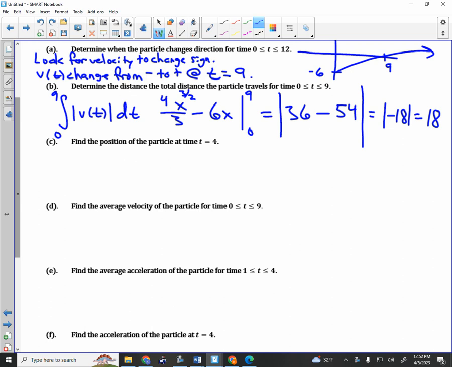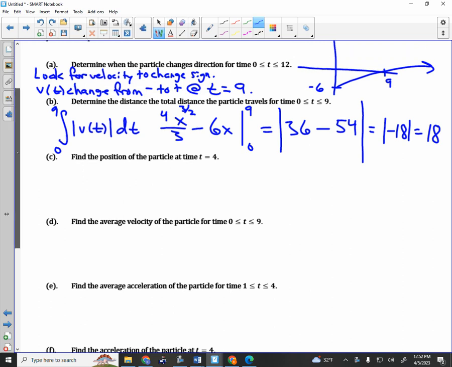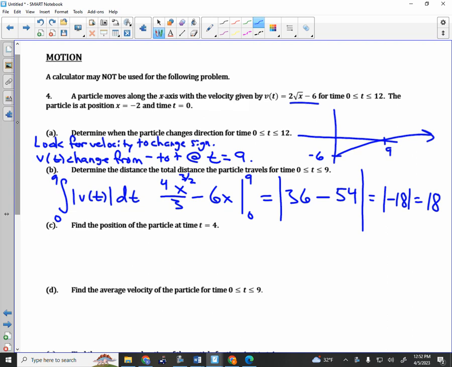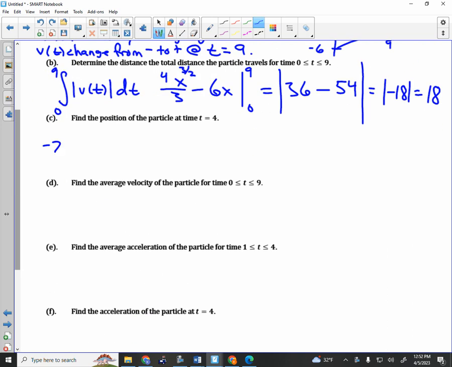Find the position. How do we determine position? Start plus displacement. What is the start? Start is -2. So I have -2 plus the integral from 0 to 4 of v of t dt.